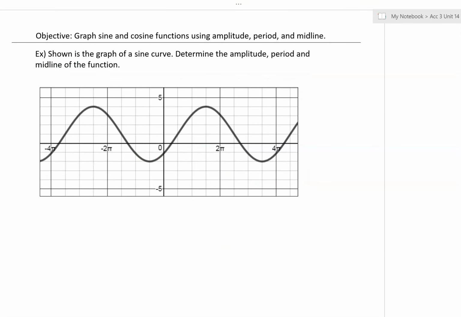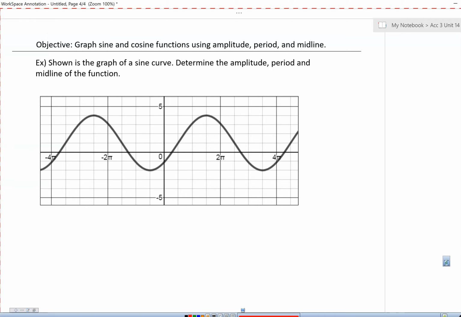All right, so here, given a graph, we're going to practice finding the amplitude, the period, and the midline of the function. It says this is a graph of a sine curve. We would do the same thing if we had the graph of a cosine curve.